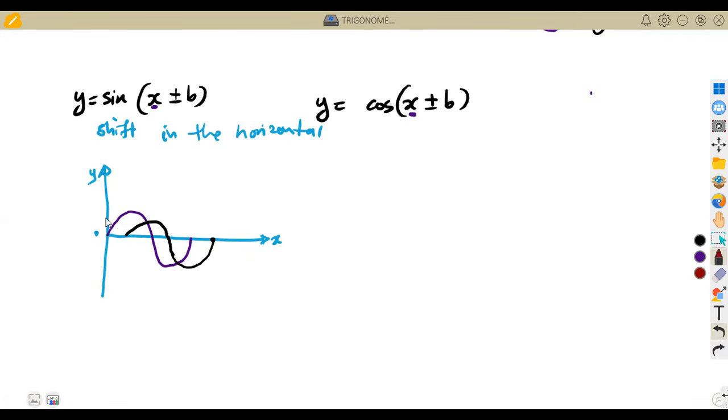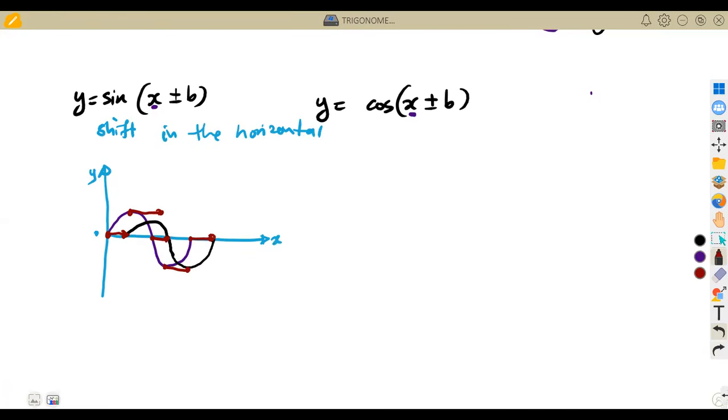So we have shifted our graph from its original position a certain step, from this position to this position, from this point to this point. Our graph is shifting, maintaining the same shape, but just the points have shifted. That is the effect of this one.